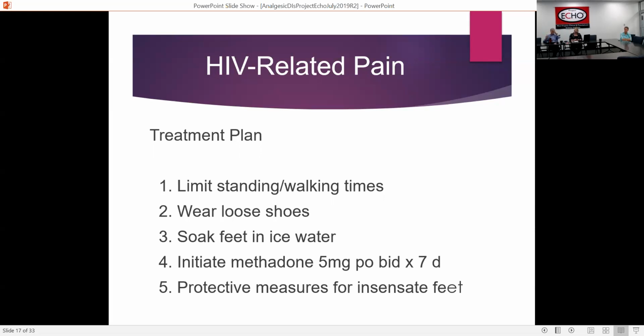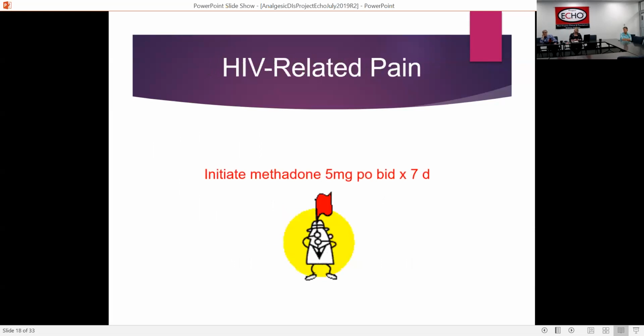And I'm not going to comment as to whether methadone was an appropriate regimen for the patient, but suffice it to say, this person was put on methadone as an analgesic, and then protective measures for his feet, given a patient who has an insensate foot.